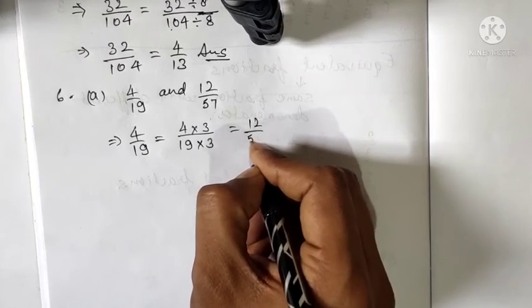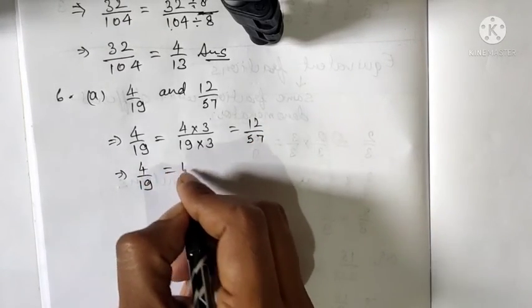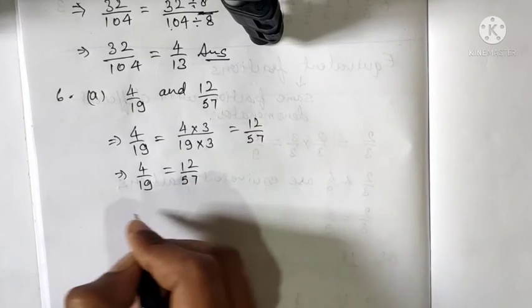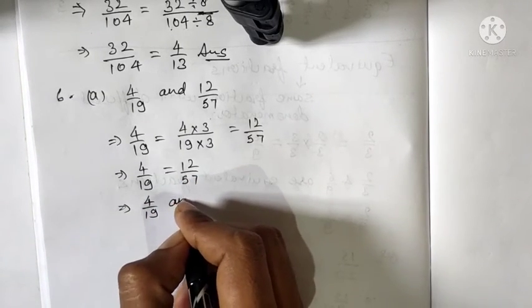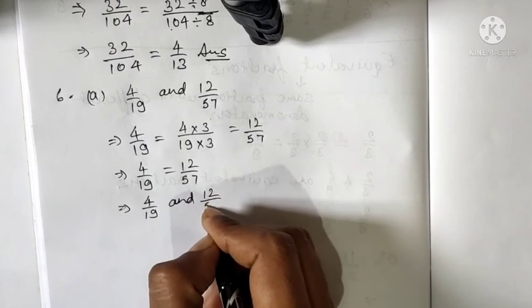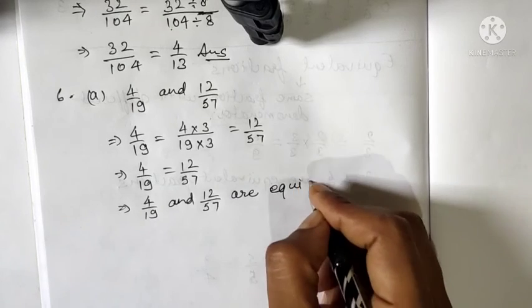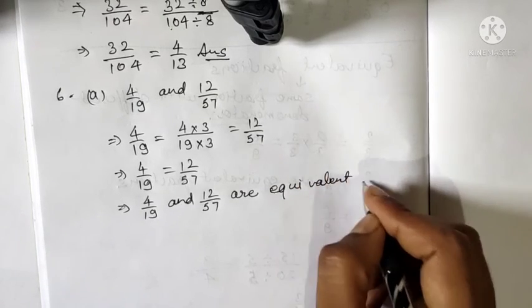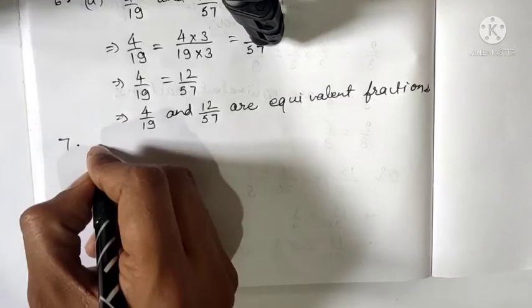That implies 4 by 19 is equal to 12 by 57. That implies 4 by 19 and 12 by 57 are equivalent fractions. Now you know how to solve question number 6. So we are going to solve question number 7.